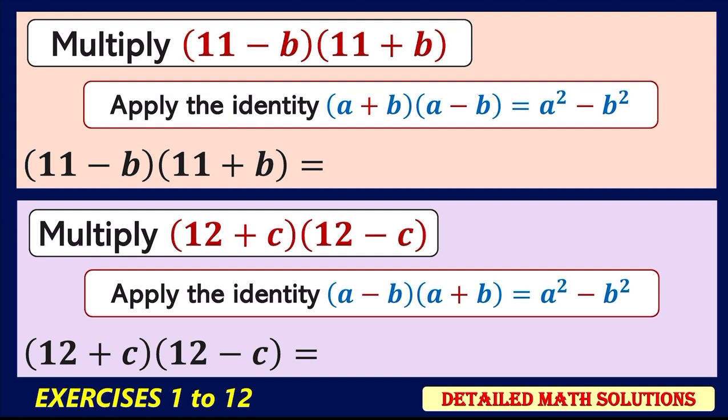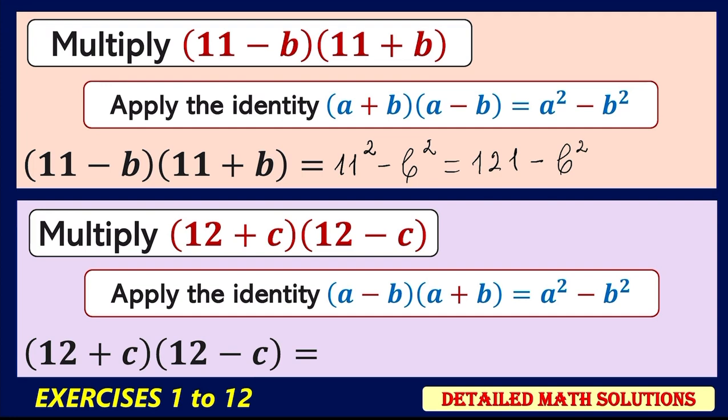And the last two exercises, I have 11 minus b in parentheses multiplied by 11 plus b in parentheses. Again, when I apply the identity, I have 11 squared minus b squared equals 121 minus b squared.